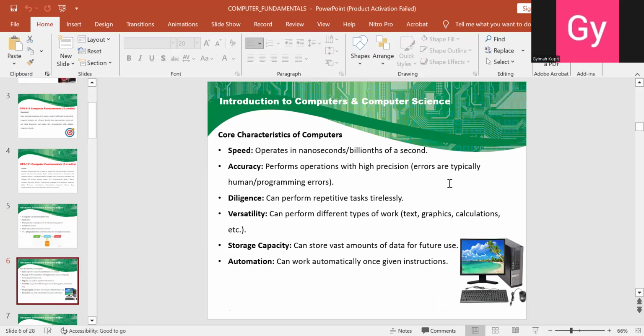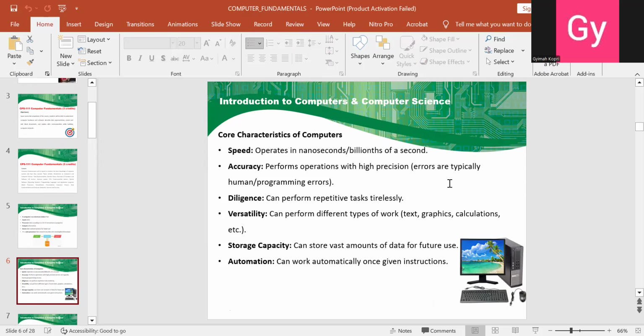It operates in nanoseconds, or billionths of a second, so about 1 divided by billions of seconds. The time is very, very small, infinitesimal. Here we are looking at the speed at which the computer executes instructions or a task.